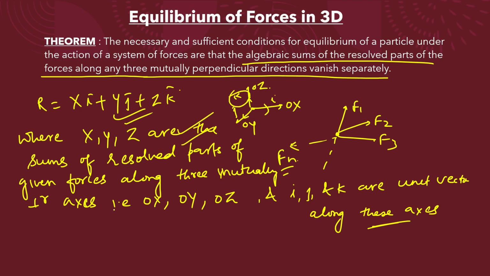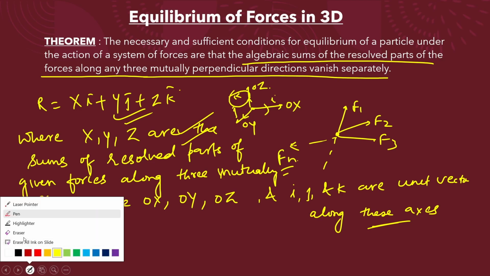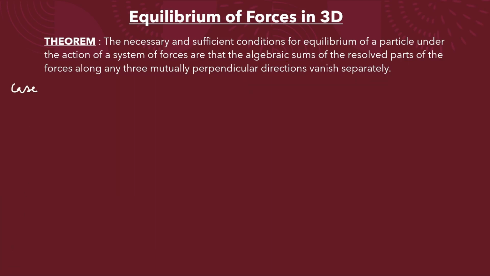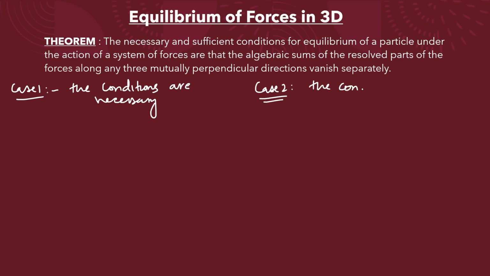Okay, let us prove this. Let us take two cases. In the first case, we have to show that the conditions are necessary. And in the second case, we have to show that the conditions are sufficient.